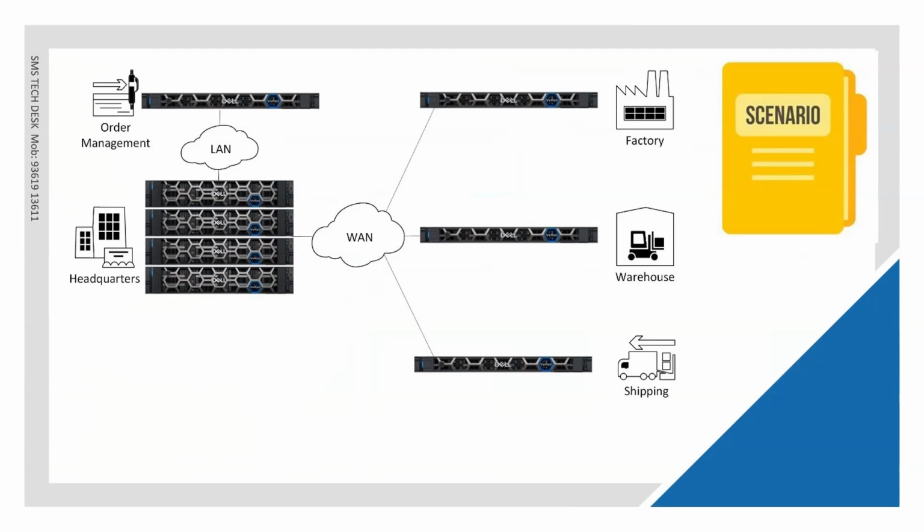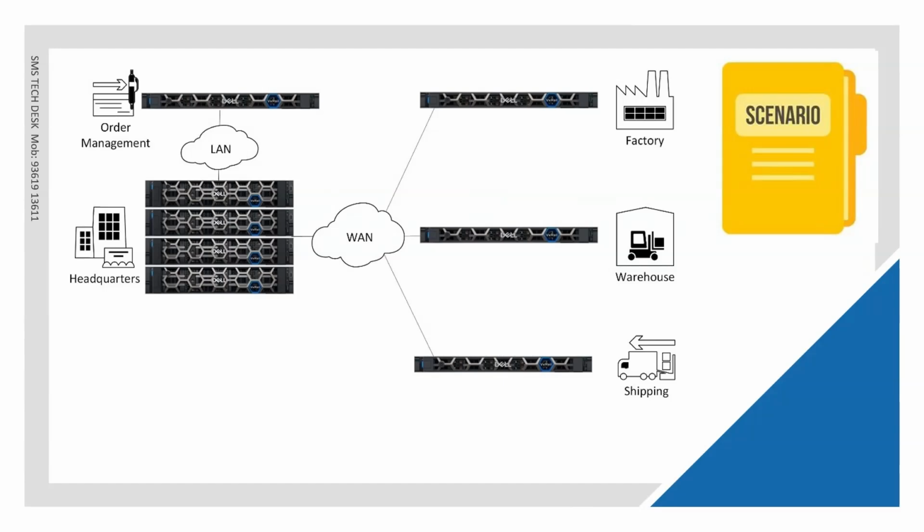Suppose you have a head office in one location, a factory in another location, a warehouse in another location, and shipping in another location. At that time, your headquarters will have your main VxRail cluster with the vSAN data store. But you cannot deploy the same kind of setup in the factory, warehouse, and shipping, because they won't have the infrastructure setup for server management.